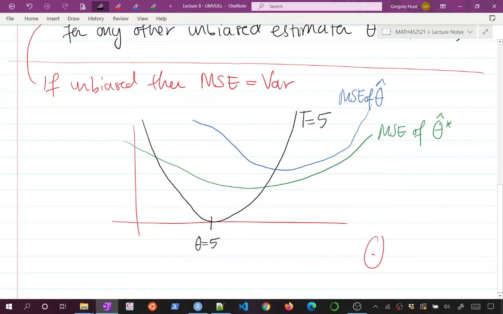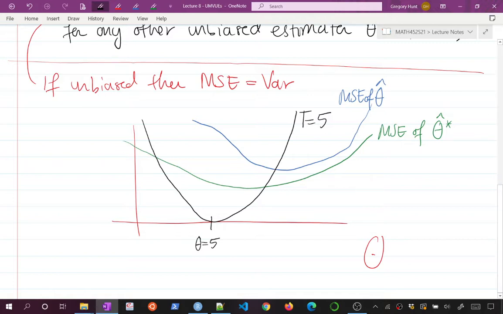If my estimator is this statistic t that is always 5, so it doesn't matter what my data is. We talked about this last time. This is kind of a degenerate, silly estimator. It's silly in some ways because it's not unbiased. It's not the whole story, but it's part of what's going on.